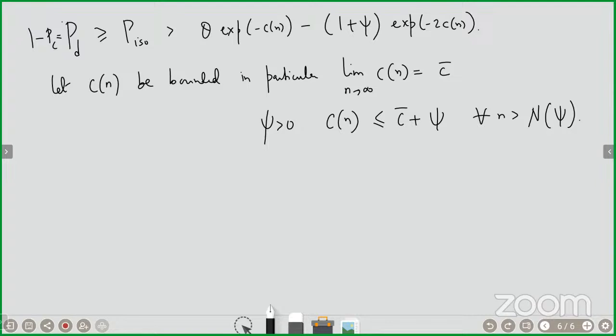Now I'm essentially going to replace c of n by this, by noting the fact that the probability of isolation is monotonic with respect to c of n. So if c of n increases, what happens to P of D?